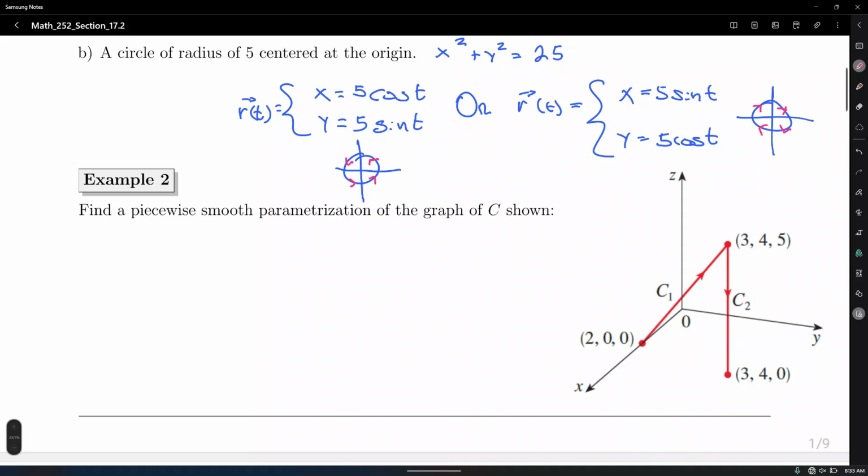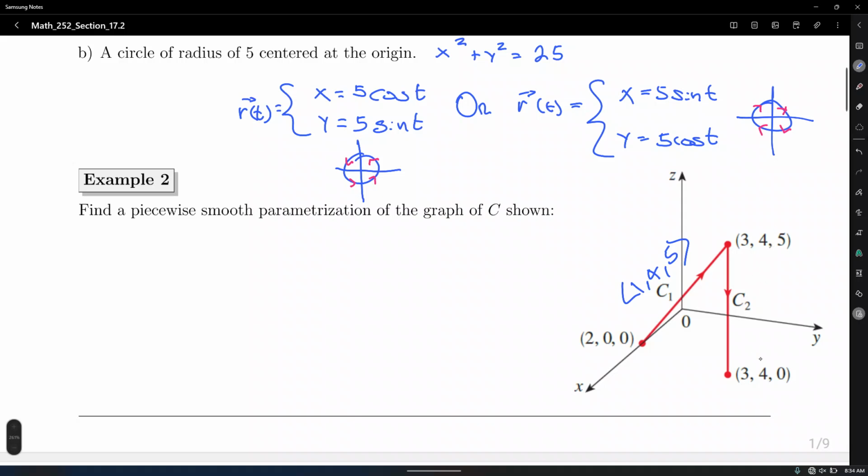And I'm going to go back and use the vector notation. Number one, we need to find the direction vector between these two points. That is terminal minus initial, 3 minus 2. So the related vector is 3 minus 2, that's 1, 4 minus 0, that's 4, 5 minus 0, that's 5.